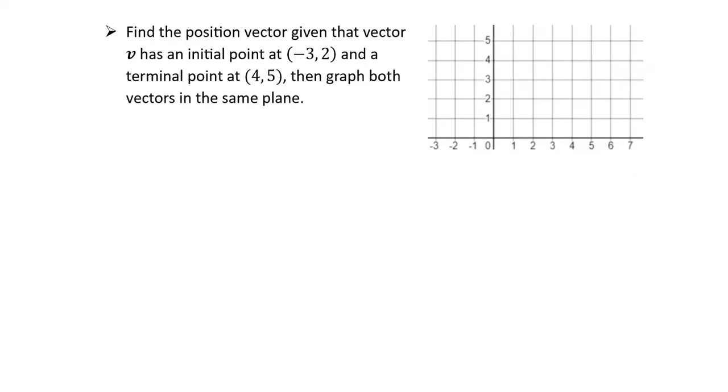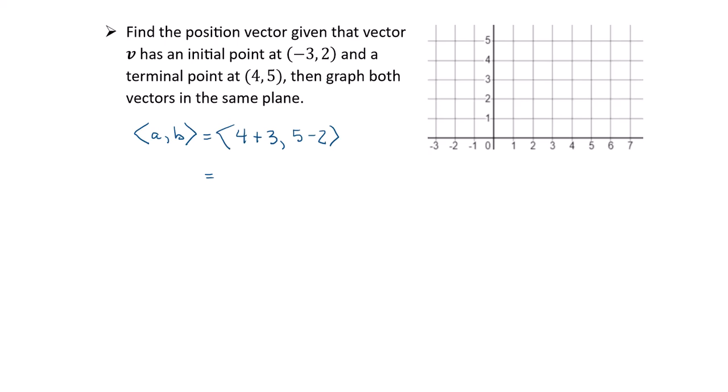Find the position vector given that vector v has an initial point at (-3, 2) and a terminal point at (4, 5). Then graph both vectors in the same plane. So let's find the position vector AB. That will be 4 minus -3 and 5 minus 2.